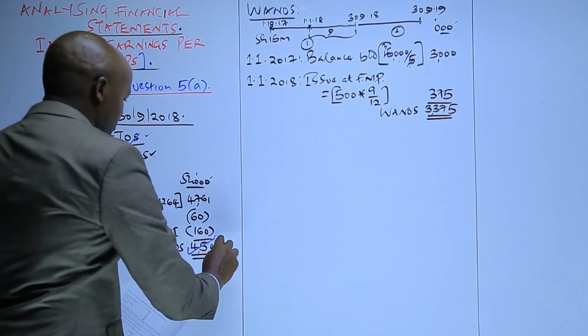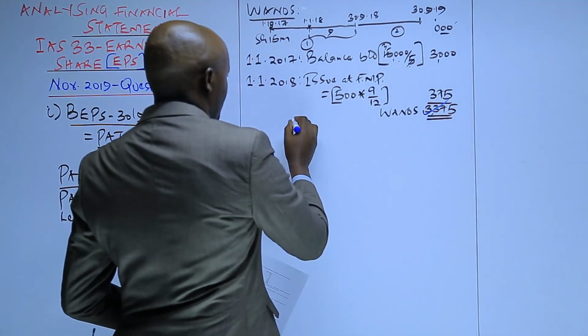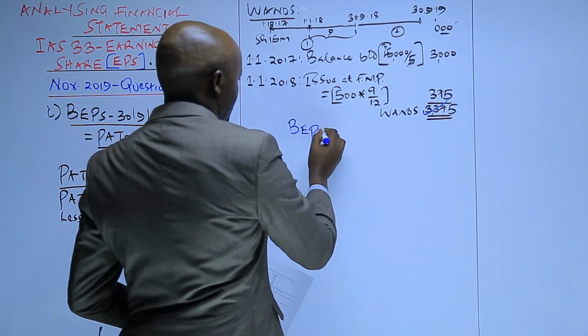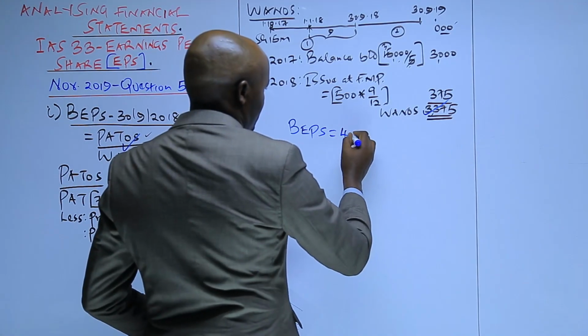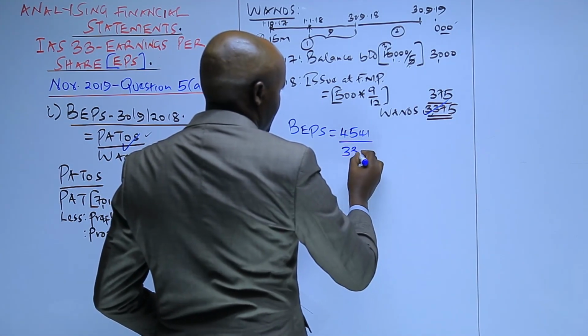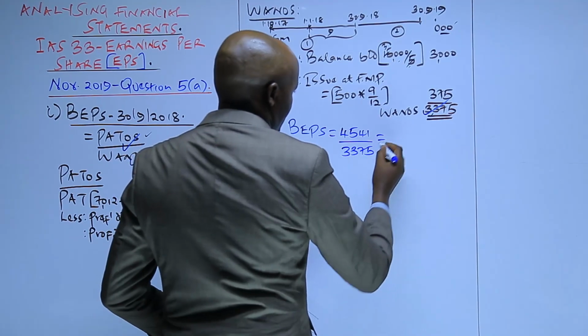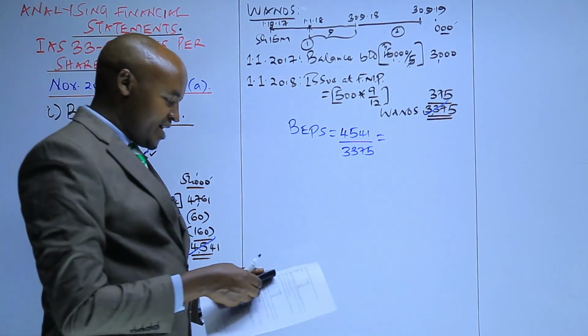We have the PATOS, and then we have what? The one-offs. So having that, we can then proceed and we compute the basic earnings per share, which will be equal to PATOS 45.41 divided by one-offs 33.75, and that now will give us the basic earnings per share.